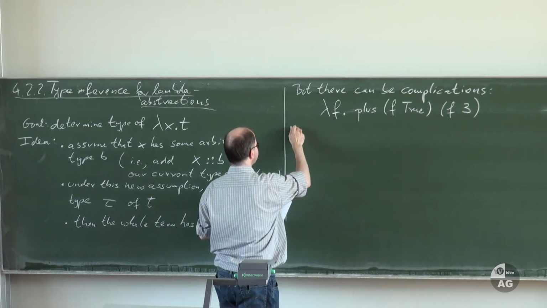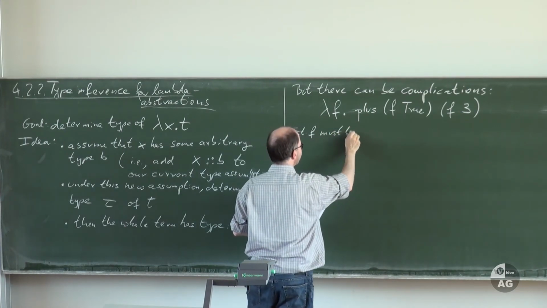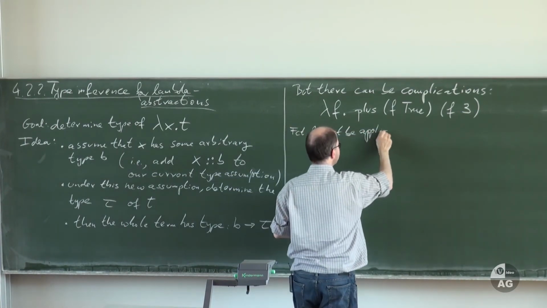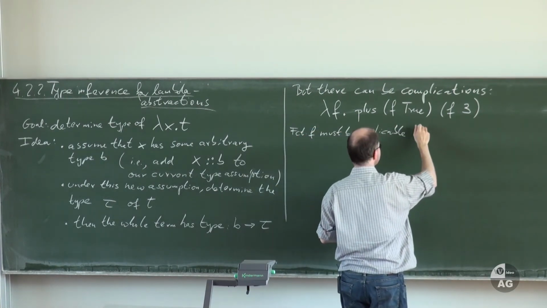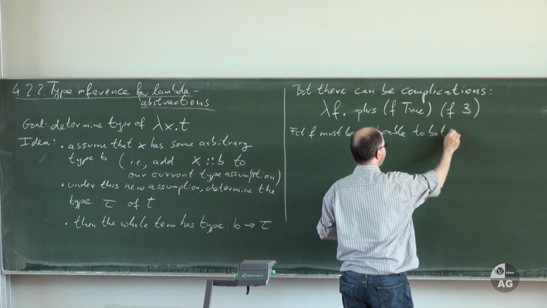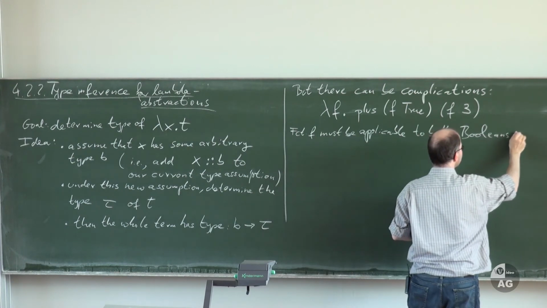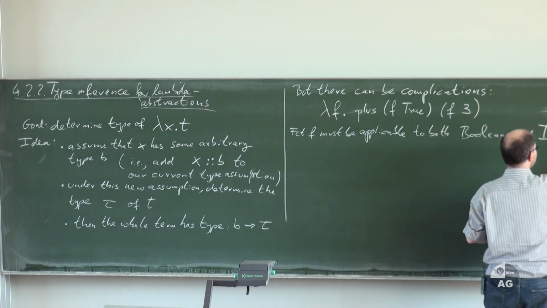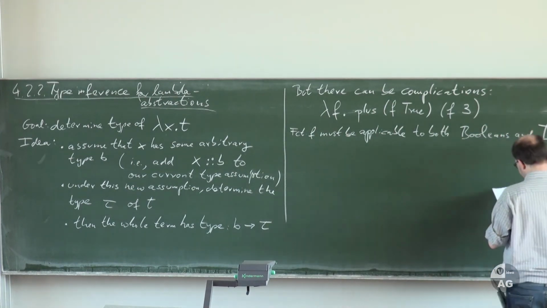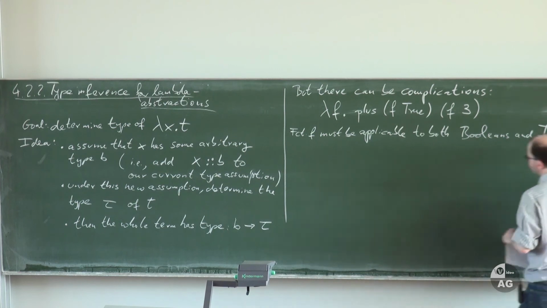So the function f must be applicable both to Booleans and to integers, and its result must be of type int.